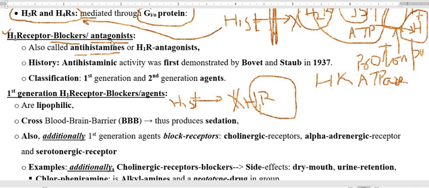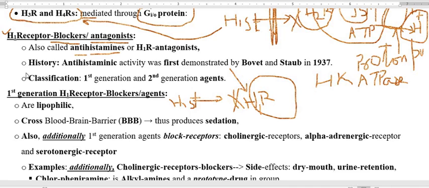Why? Because the antihistaminic, H1 receptor blocker, antagonist or inverse agonist is going to bind with the H1 receptor in place of histamine, and therefore histamine does not get the position to occupy the H1 receptor, therefore it will inhibit the histamine physiopathological function.